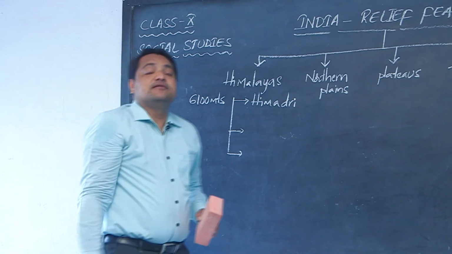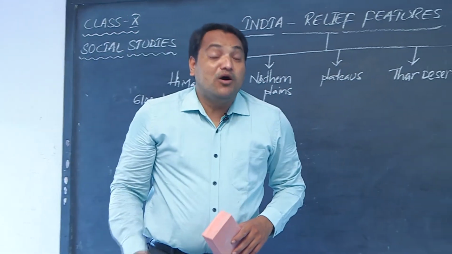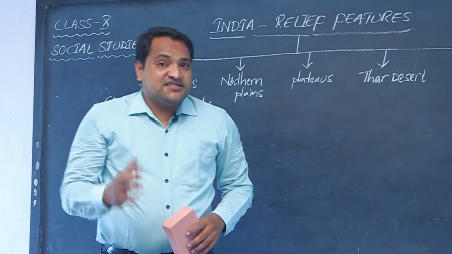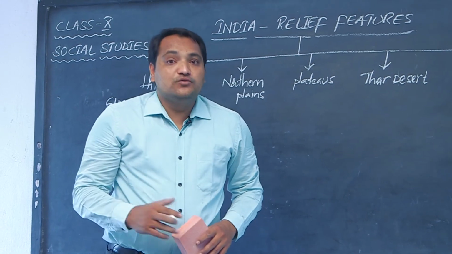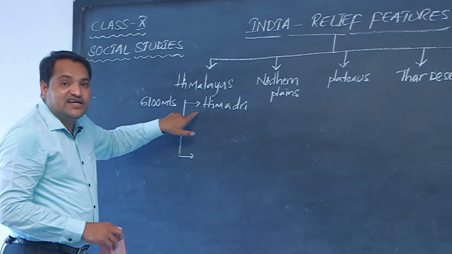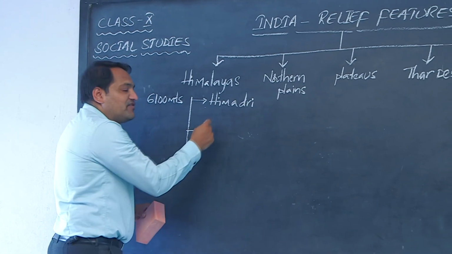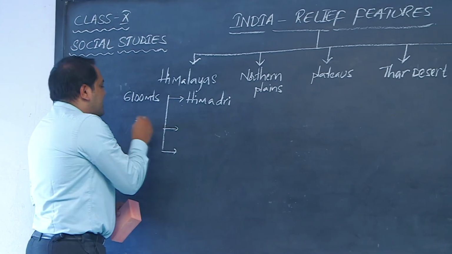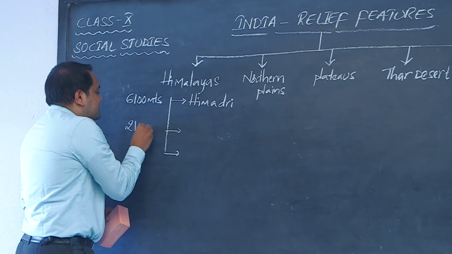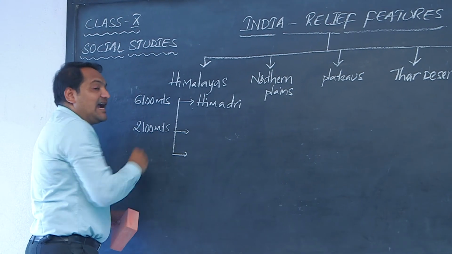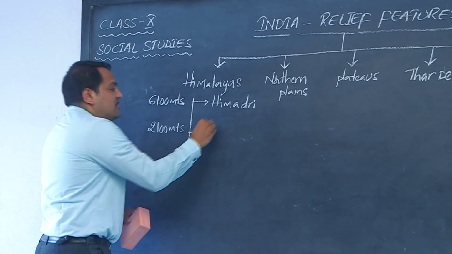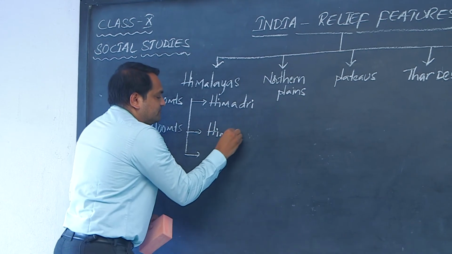The greatest mountain peaks like Mount Everest, Kanchenjunga and K2 are all located in Himadri. After Himadri, the next level of Himalayas, somewhere around 2,100 meters and above, is called Himachal.